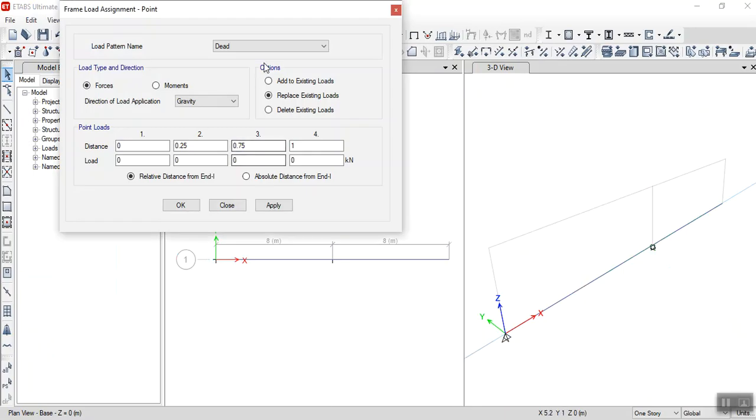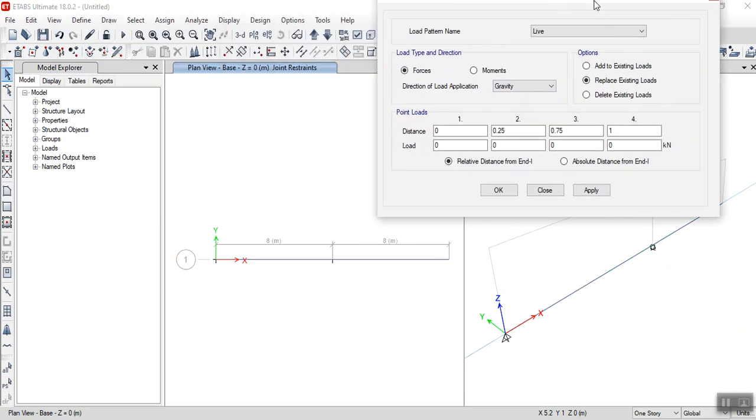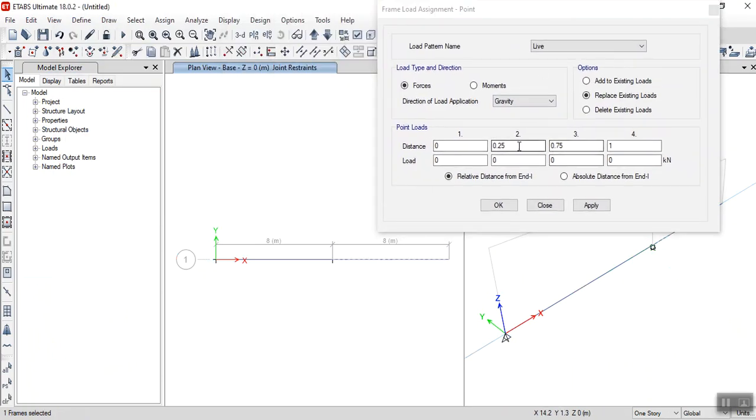So we assign live load in gravity direction at mid of the section, so relative distance mid 0.5, 20 kilonewton apply.